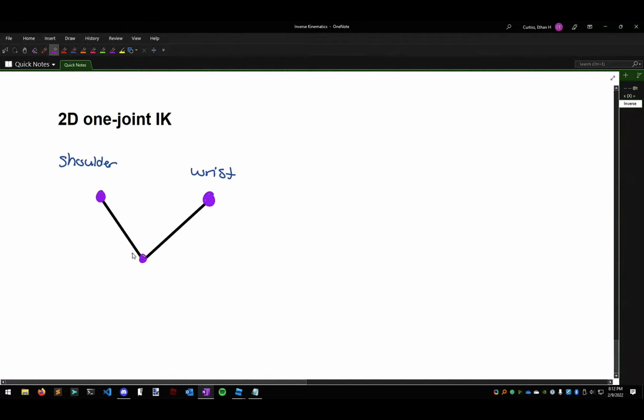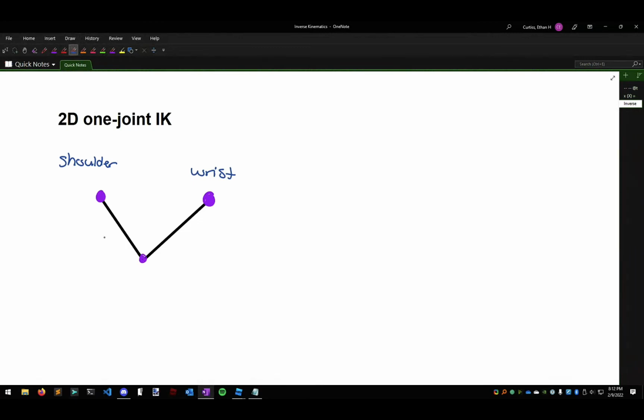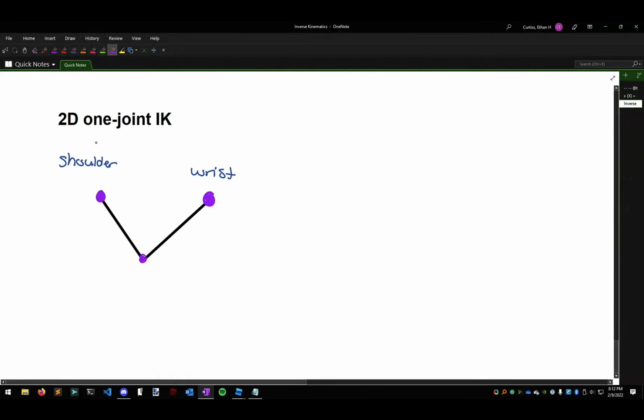What I thought was really cool about this problem when I first approached it, must have been 5 years or so ago, is how geometric it is. So the way to determine where this elbow goes is to realize that this upper arm here can rotate anywhere around the shoulder. And if we trace out its rotation, what we get is a circle. So this arm can be placed anywhere around this circle.